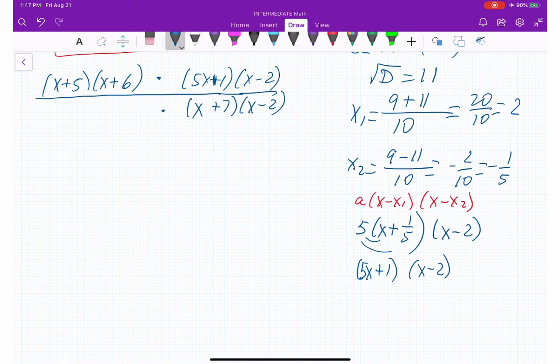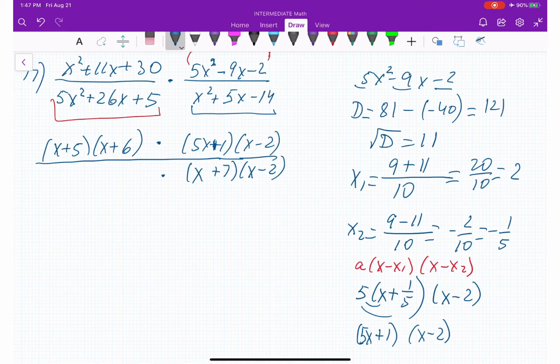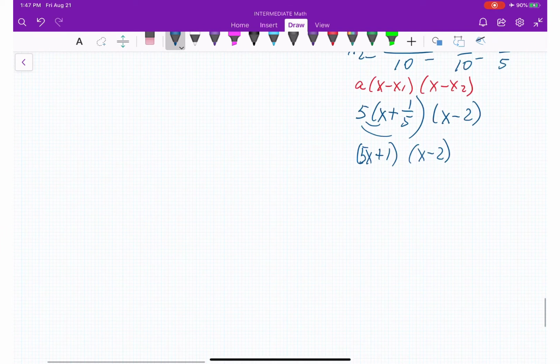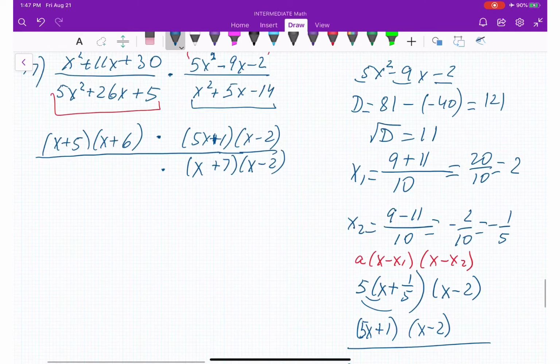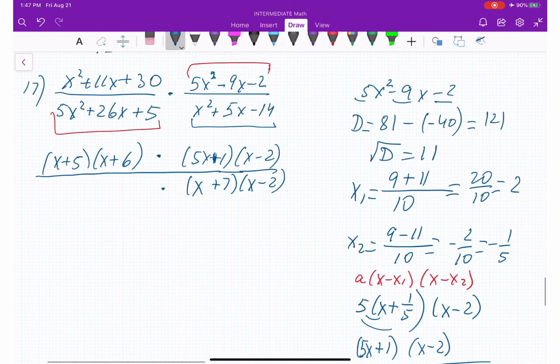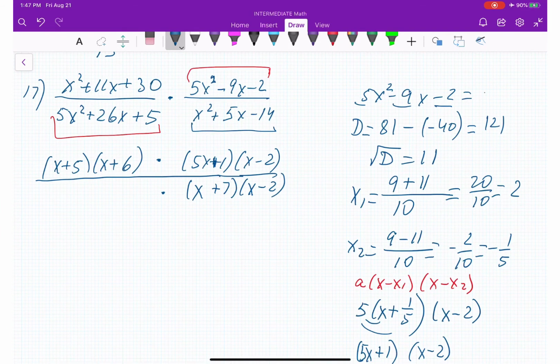And the second one, we're going to do 5x squared plus 26x, and I also forgot plus 5.